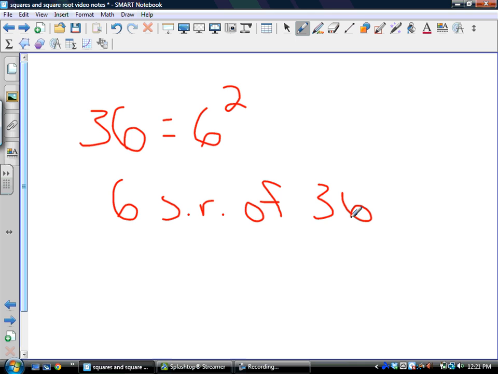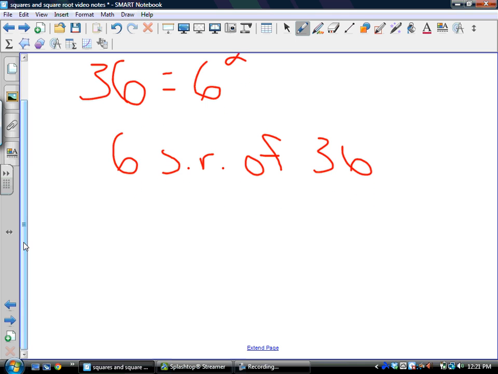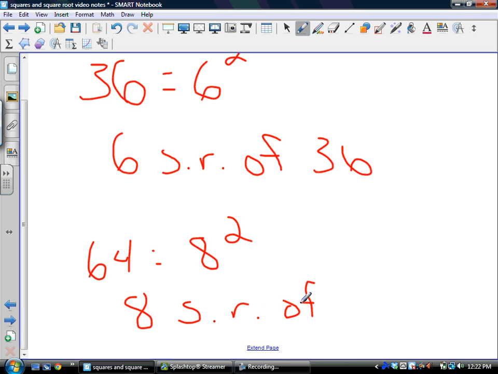Okay? You could also say if I had 64, I know that is equal to 8 squared. So that tells me that 8 is the square root of 64.